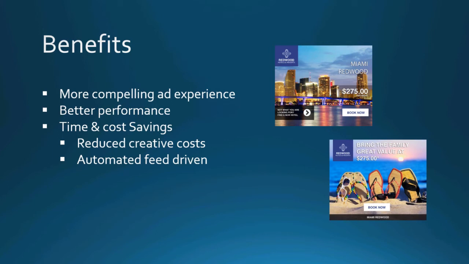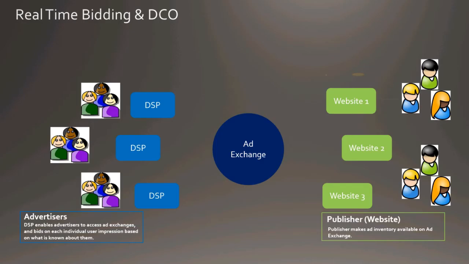Let's take a look at how DCO actually works. And we'll start with looking at how it fits into the real-time bidding process. Today, when a user comes to a website, there's an ad call that goes to the ad exchange, which holds an auction for each impression. The ad exchange sends a bid request to each demand-side platform, a DSP.